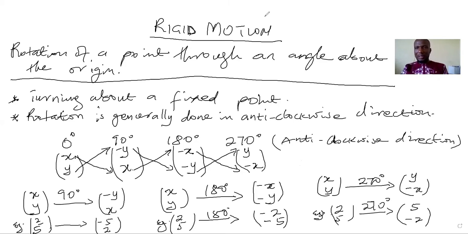All right. Then what about if the question asks you that you should do the rotation in a clockwise direction? So I just want to demonstrate how rotation is done in another way quickly, a rotation using a diagram.